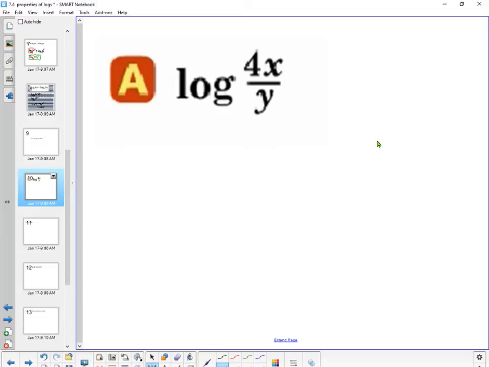I'm seeing a lot of this, guys. That's good stuff, but you're not done. Good stuff, but you're not done. log 4 minus log x. Yes, we're gonna try this.